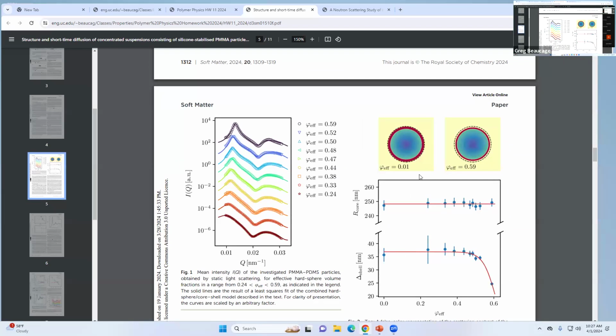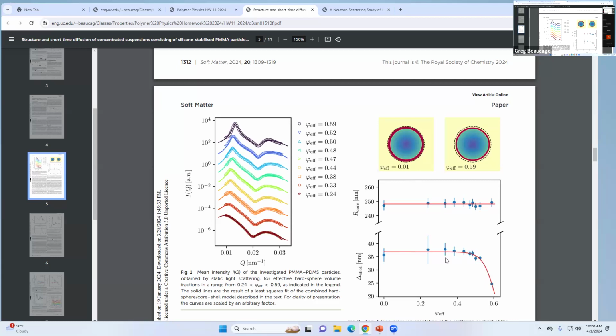And then as he increases the volume fraction, that shell thickness drops, based on one point, which he says has no error bar. He gives the error bars. But it still isn't anywhere near what you calculate for the Gaussian chain size for PDMS, meaning that this thing has to be a multi-layer.